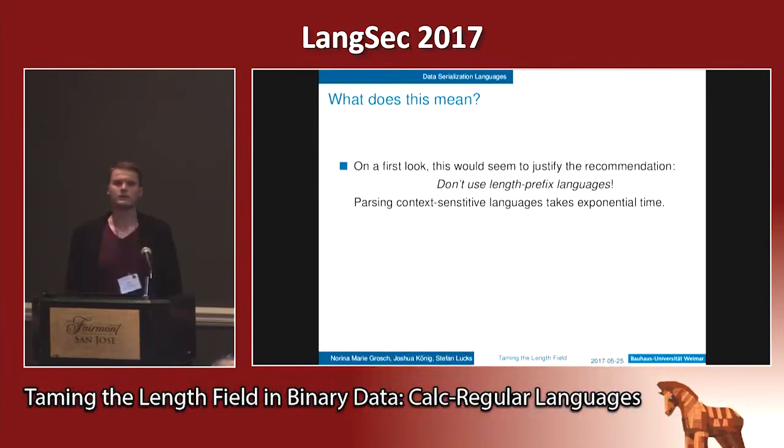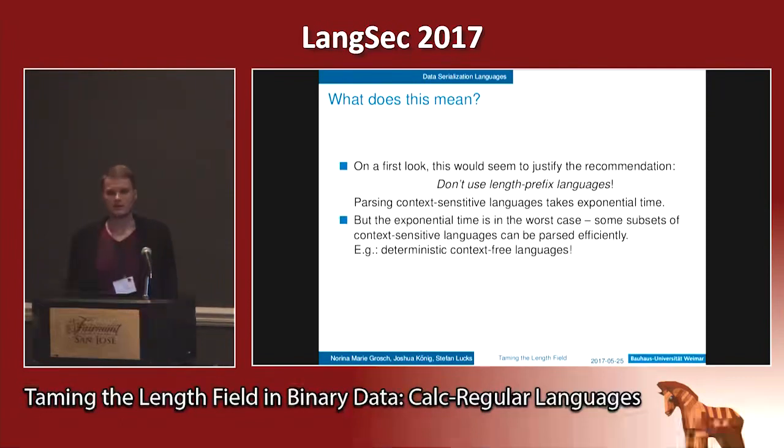which would mean that we probably shouldn't use them for any practical uses since we can't parse them efficiently. But the exponential parse time of context-sensitive languages is only worst case. There are subsets of context-sensitive languages, such as regular languages and context-free languages, which can be parsed efficiently.